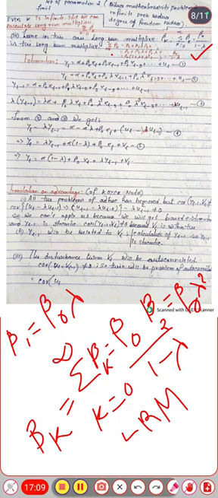Taking beta naught common outside, in the bracket there is 1 plus lambda plus lambda square up to infinity, which is an infinite GP series, which is why we get beta naught into 1 by 1 minus lambda.